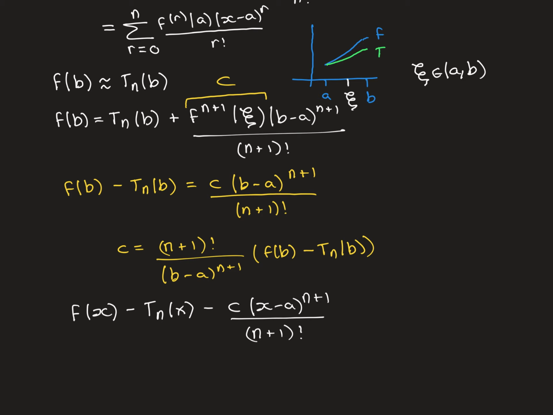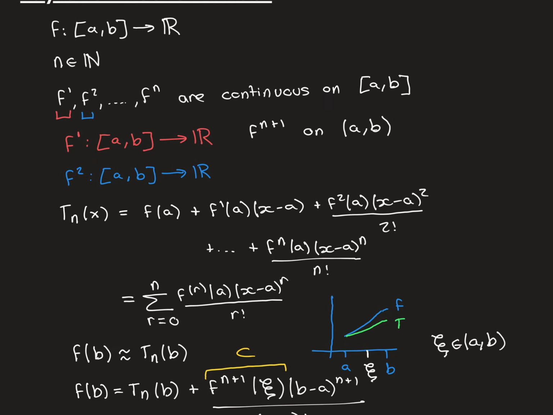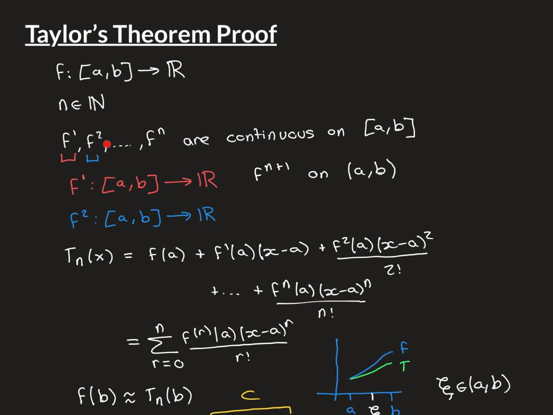So I hope you agree that this function that I've created here is going to be defined everywhere on my closed interval a to b. I want to convince you of some other things. I want to convince you that all of these initial criteria that applied for f are still going to apply for my new function.